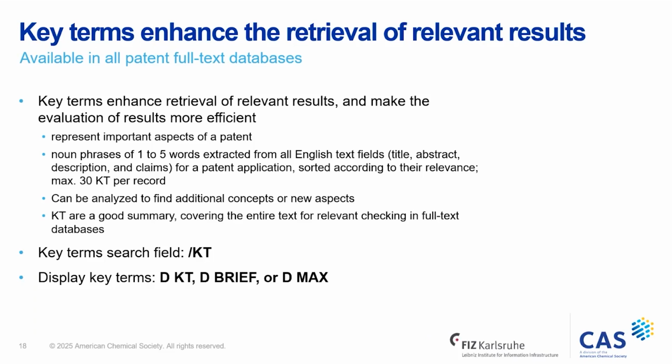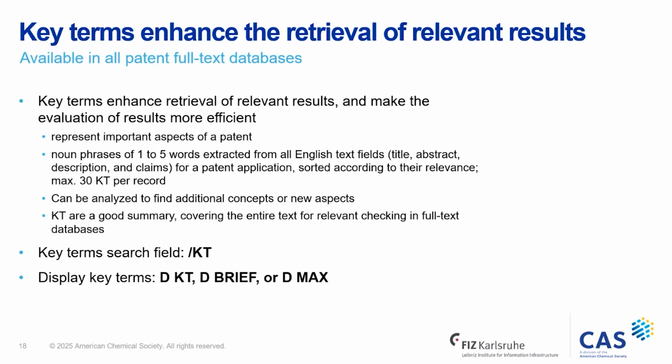But it's like, for instance, some of our databases have supplementary terms, which are concepts that come up regularly that may not be expressed in controlled vocabulary. Key terms is similar to that for full text patent files. The search field that those are listed in is the KT field.